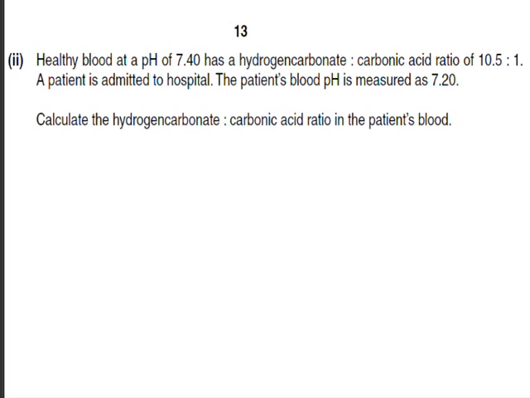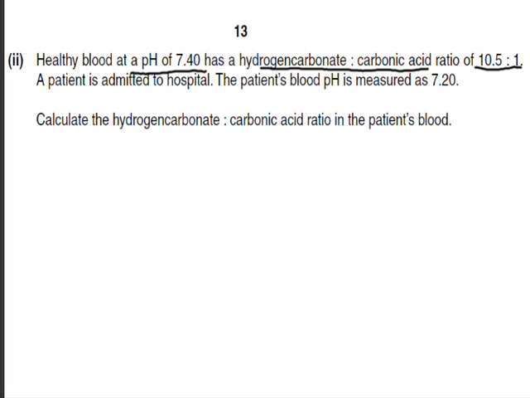This is a buffers question taken from the January 2012 Triple E paper. It is question 4D part 2. What we are told is the following. We have a pH of healthy blood at around 7.4, with a ratio of hydrogen carbonate to carbonic acid of 10.5 to 1.